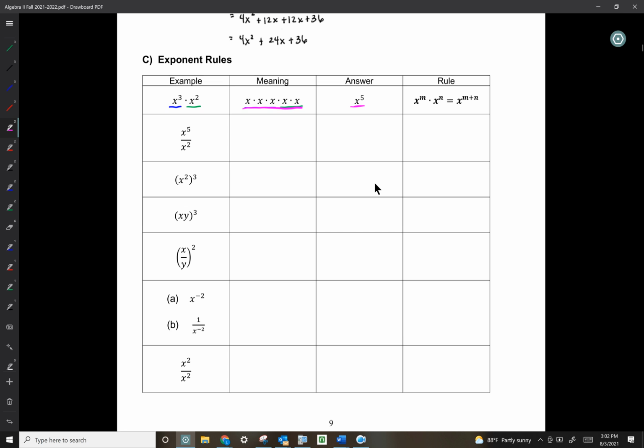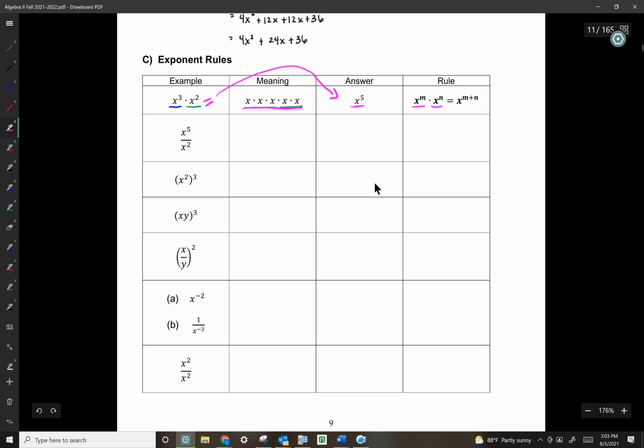Well, the rule is that anytime you multiply 2 exponential terms where they have the same base, notice they both have an x, then when you multiply the same base, you just add your exponents. So we could have from the very beginning said, oh look, if I add my exponents, it's just going to give me x to the 5th.